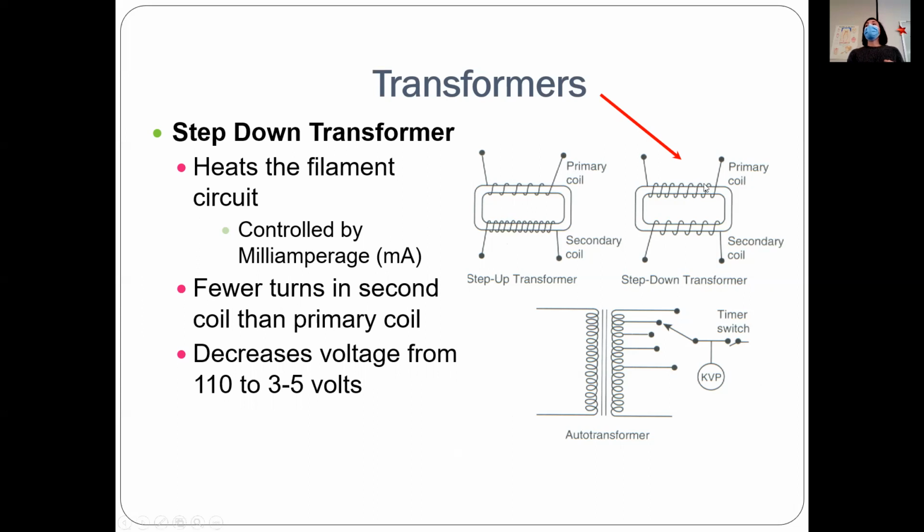If you have more coils on your primary than on your secondary, you're stepping down and you're going to reduce the energy. So you always come to the primary coil first, and whether the secondary coil has more turns or fewer turns indicates whether the voltage goes up or down. Questions on that? You just have to paint a mental picture, I feel like.